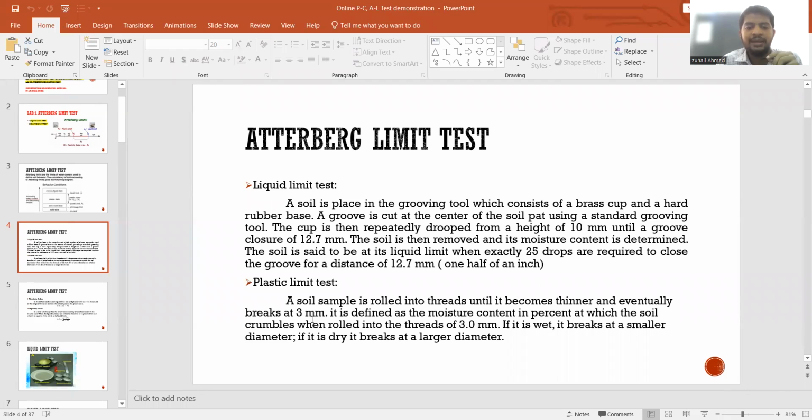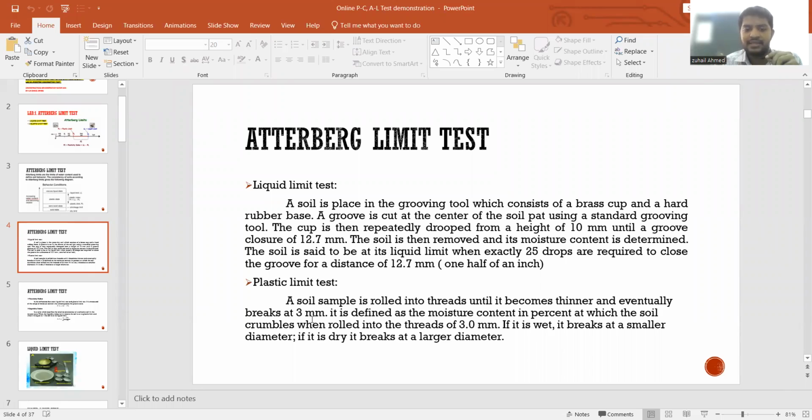Rolling like a thread means like a rod shape. The diameter of that rod should be 3 millimeter. We have a standard rod whose diameter is 3 millimeter.